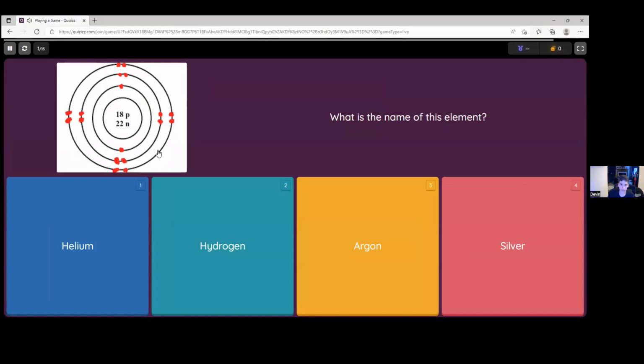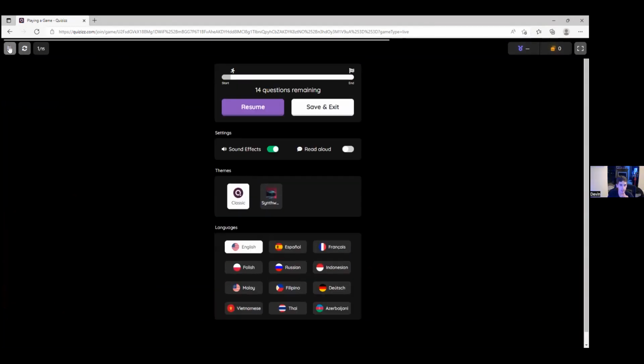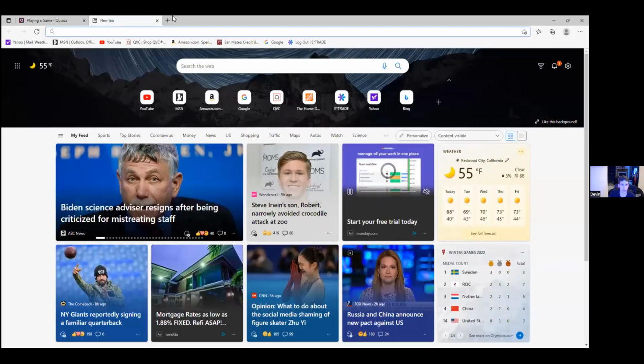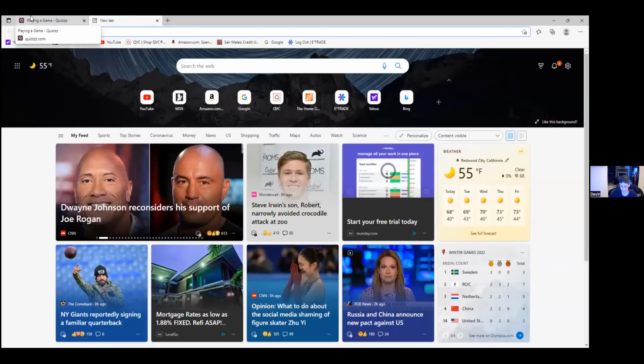What is the name of this element? Am I able to use a periodic table?